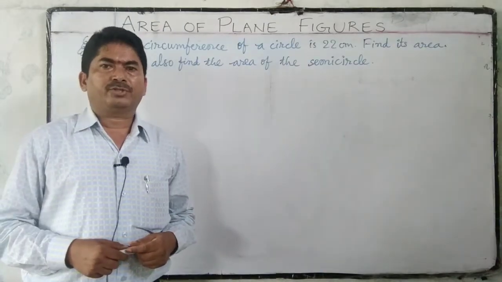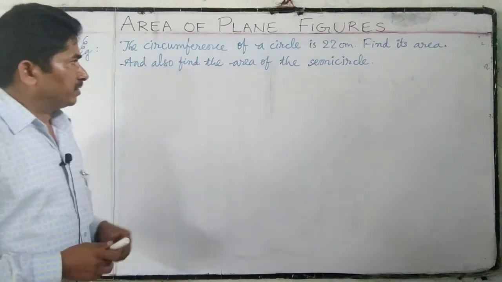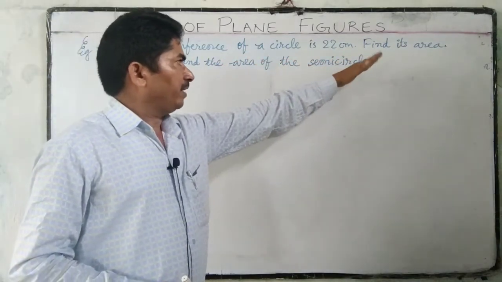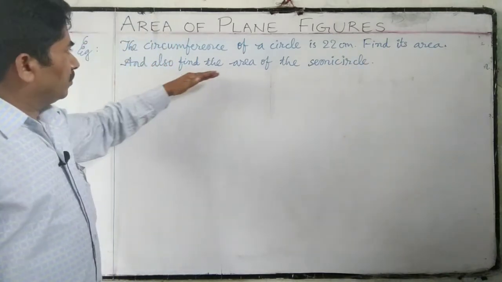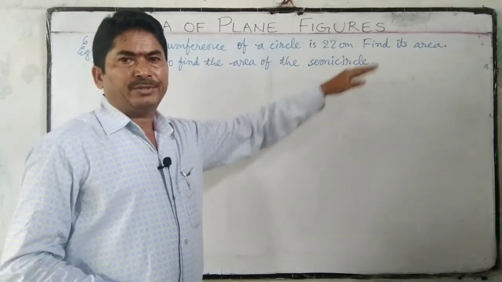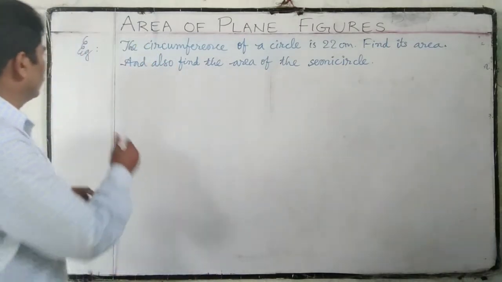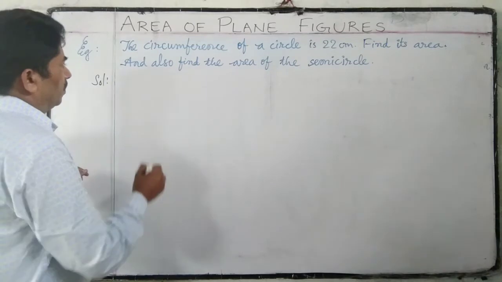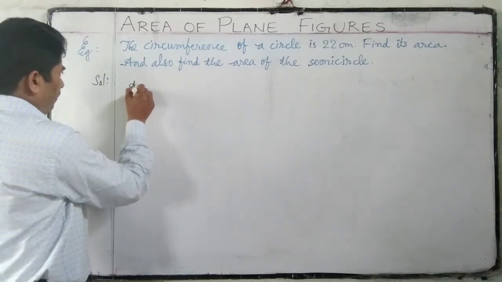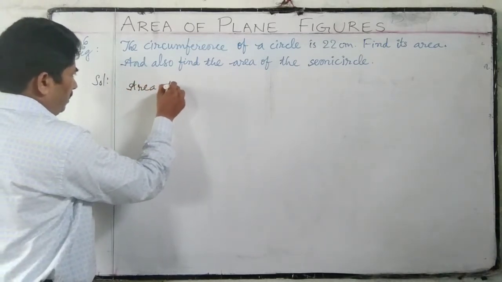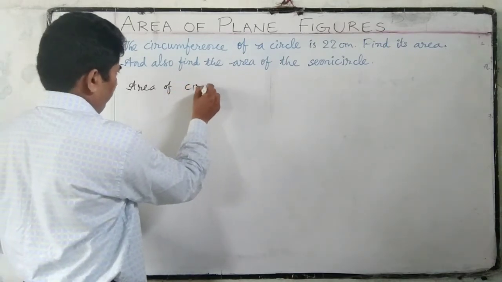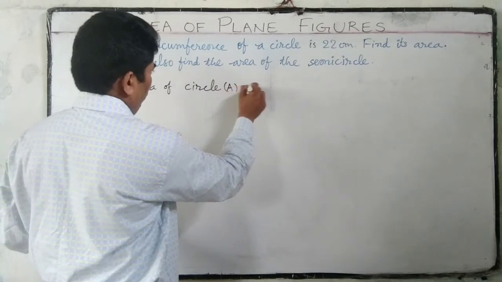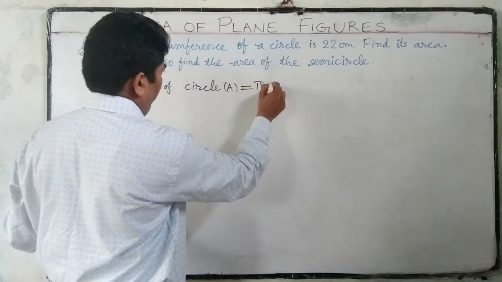To understand area of circle, let us solve one example. The circumference of a circle is 22 centimeters. Find its area and also find the area of the semicircle. Area of circle A is equal to pi r square.